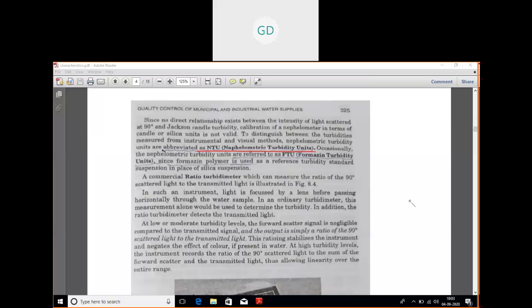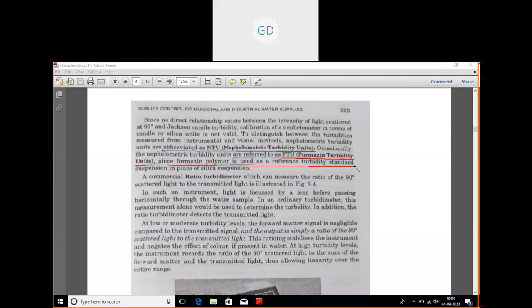Occasionally, this nephelometric turbidity unit is also termed FTU, which is the formazine turbidity unit. This is when a polymer named formazine is used as a reference turbidity standard suspension in place of silica suspension.